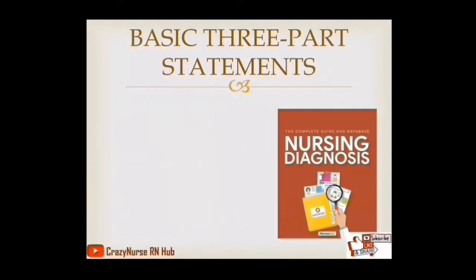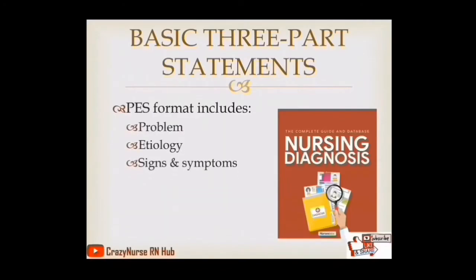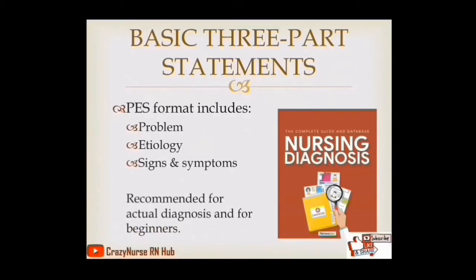Lastly, we have the basic three-part statement. The PES format includes the problem, the etiology, and the signs and symptoms. It is recommended for actual diagnosis and for beginners. Actual nursing diagnoses can be documented by using the three-part statement because the signs and symptoms have been identified.